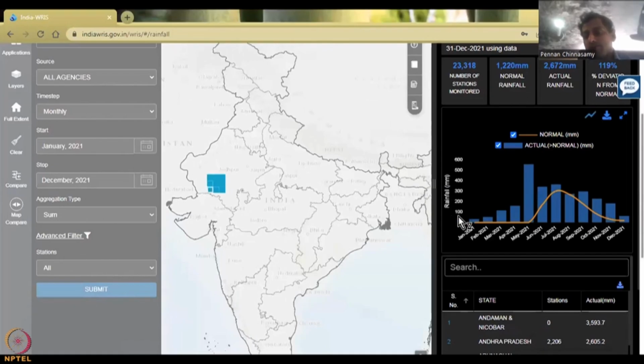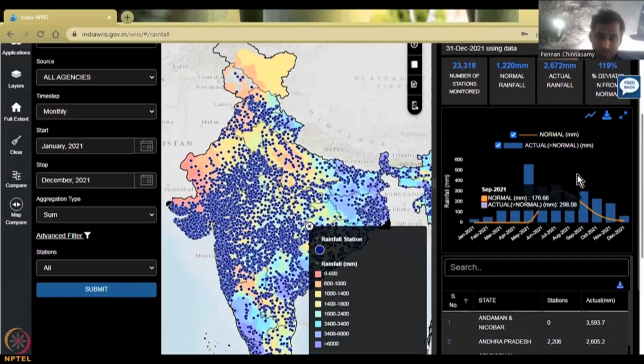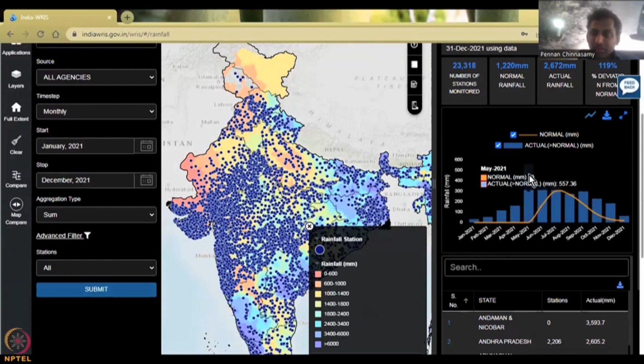Now you have the beautiful picture of how the rainfall has occurred and where it is almost zero. And where it is increasing and decreasing based on the monsoon onset.